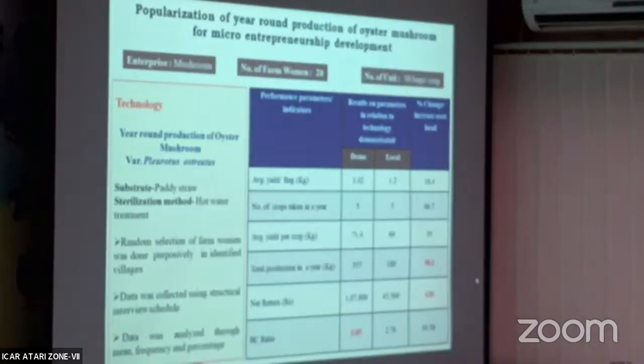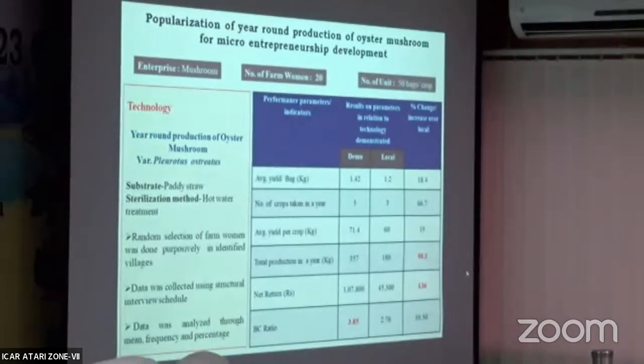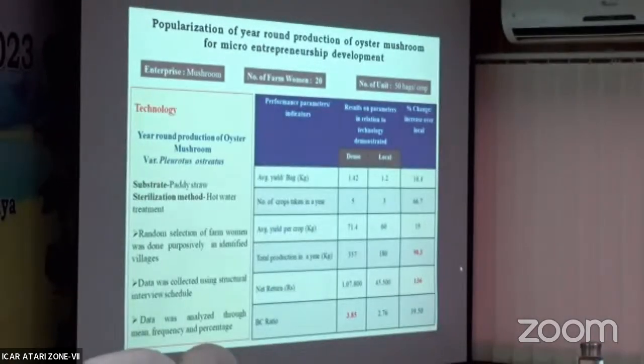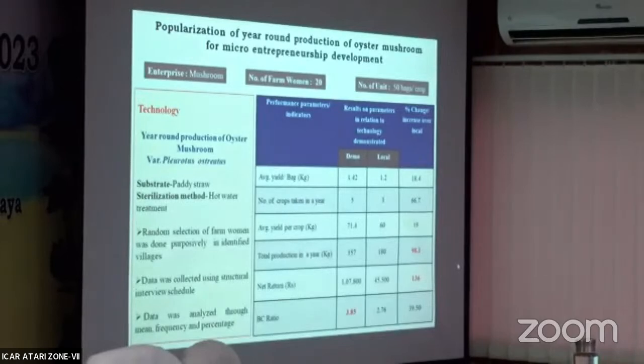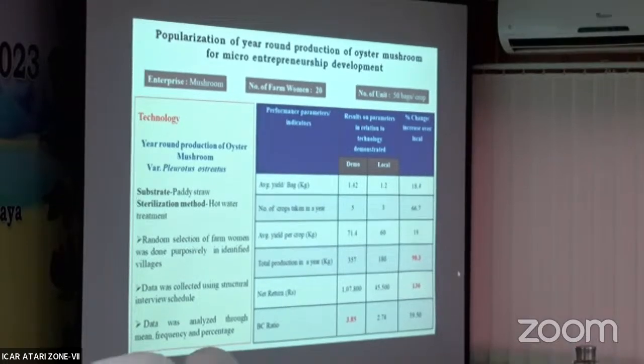Popularization of year-round mass group micro-entrepreneurship development. The result observed that 98% increase in total production in a year with 136% increase in net return with a BC ratio of 3.85 as compared to the local practices.